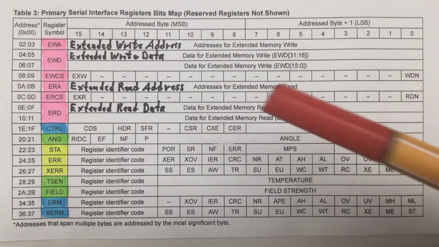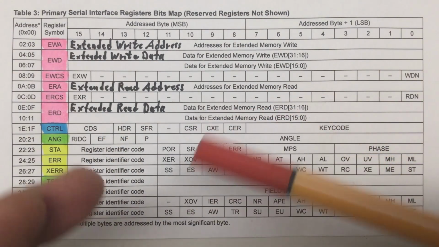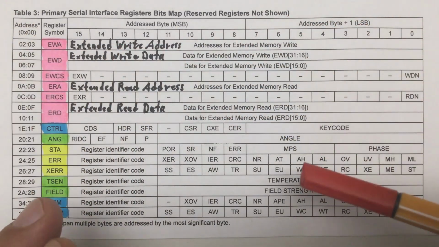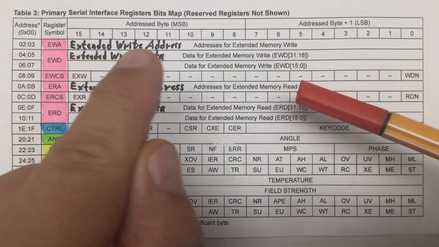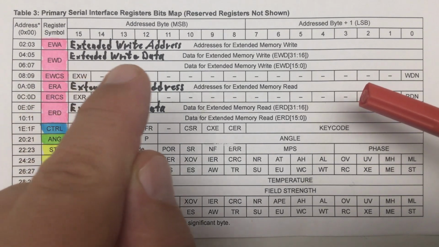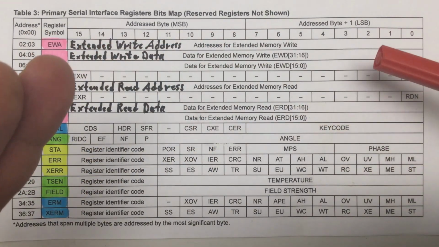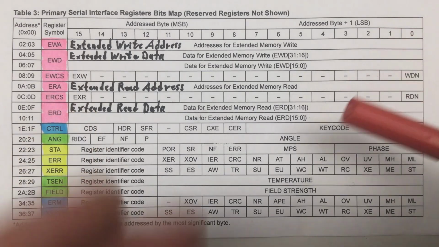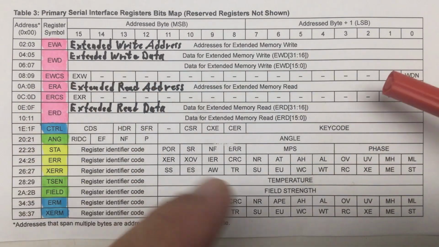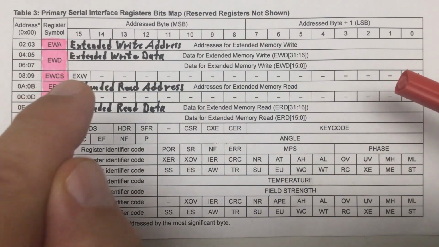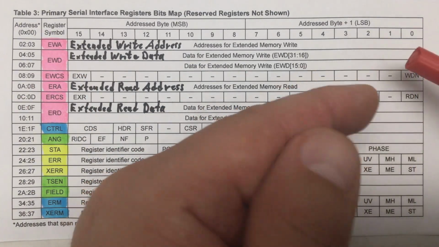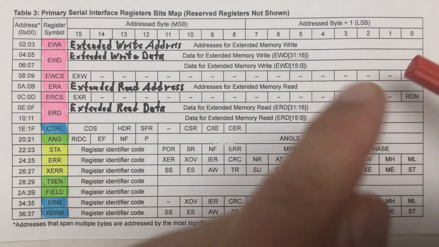So, how do we write to extended addresses? It's quite analogous to reading extended addresses. So here in the primary registers, we have an extended write address, the 16-bit extended address, then an extended write data, 4 bytes in total, so 32 bits, and then of course an extended write control and status register, with the first bit being here the extended write execute flag and the last bit being the write done flag, which will be set by the chip itself.